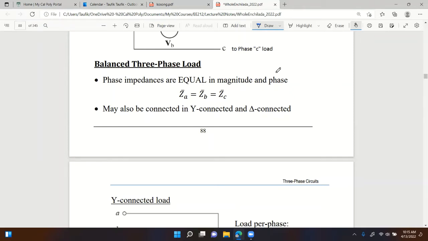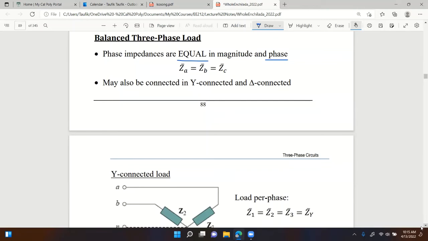However, this is important: for a balanced load, the phase angle will also be equal. So not just the magnitudes, but also the phase angles will be equal. So there's no 120 degree difference in a balanced three-phase load. They all have the same angles. Any questions so far?